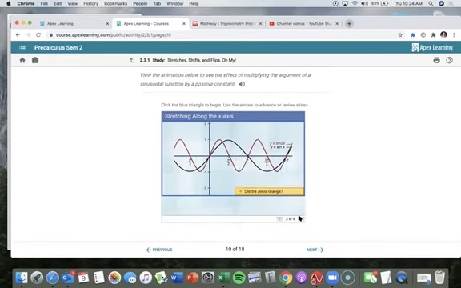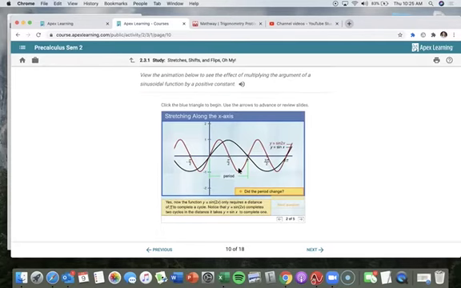Looking at all the questions, did our zeros change? Yes, absolutely. Now instead of being at every pi unit, it's every pi over 2. Did our max values change? No. Did our min values change? No. That means our amplitude didn't change. The only other thing that changed is our period.